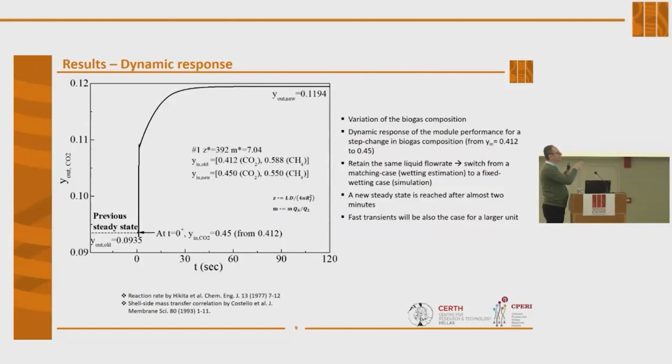And this is because, I forgot to tell you, we retain the same liquid flow rate. So we play with the composition, but we retain the same liquid flow rate. And what we expect from the previous analysis is that since we have the same liquid flow rate, we have the same wetting.